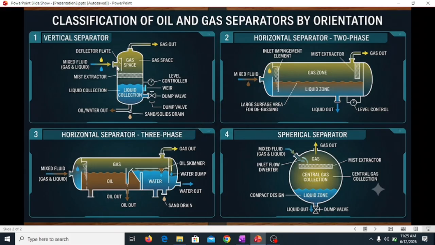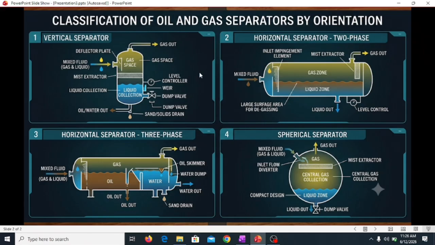We can see the vertical separator here, and the horizontal and spherical separators. Like I said, the spherical separator is not always used in the oil and gas industry. When you go to the oil and gas industry, you always see vertical and horizontal separators. So we explain these and when to use them, so that you will know why we use a vertical separator here and a horizontal separator there.